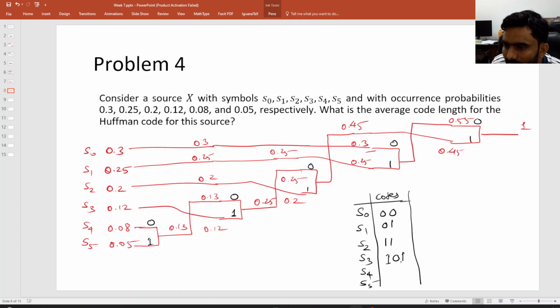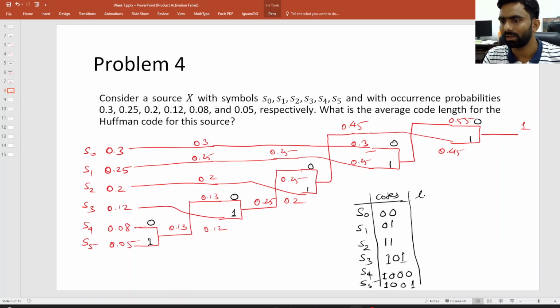S4 would be 0, 0, 0, 1. Finally, S5 would be 0, 0, 0, 0.